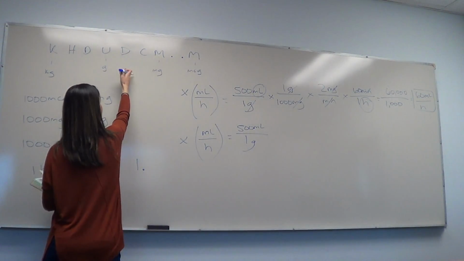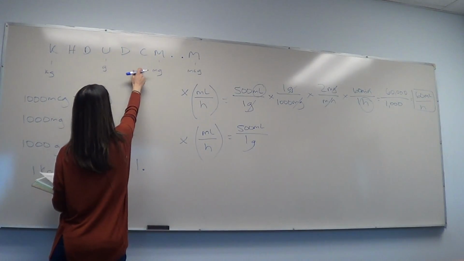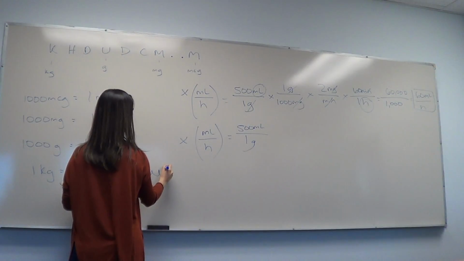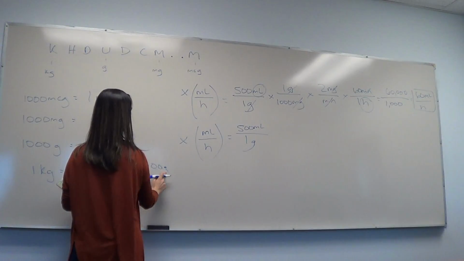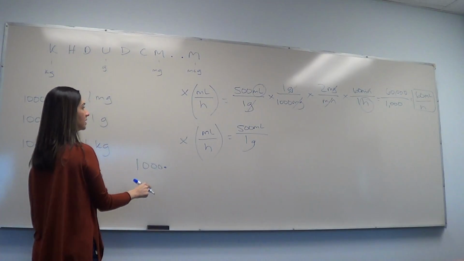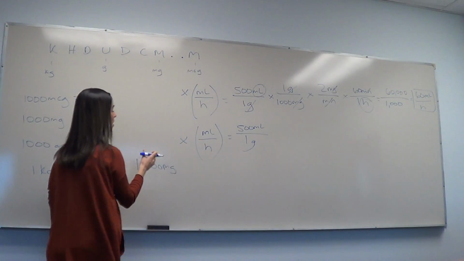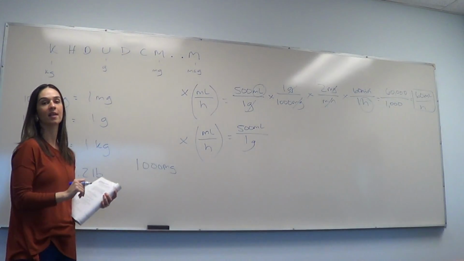We start with the next one over, and we go to our milligrams. So we need to move our decimal 1, 2, 3 over. So 1, 2, 3, that's our new decimal, okay? We put zeros for those 3 places we moved over, so we understand that 1 gram is equal to 1,000 milligrams. So if you want to go ahead and convert your information before you plug it in, that's completely fine.